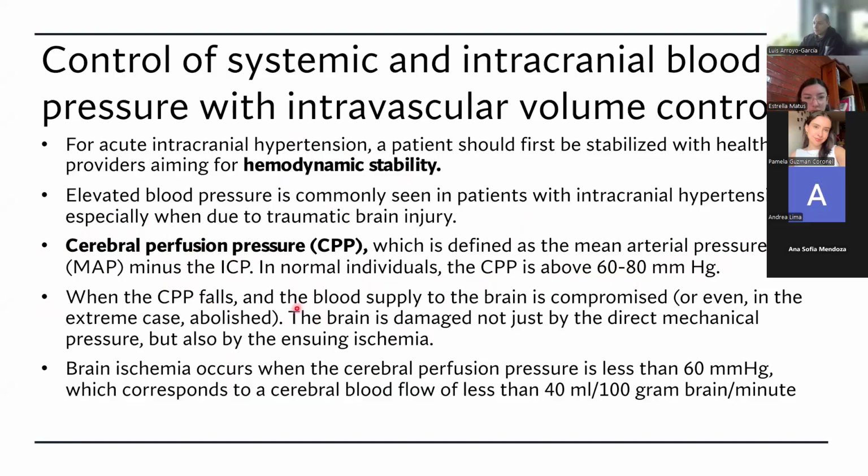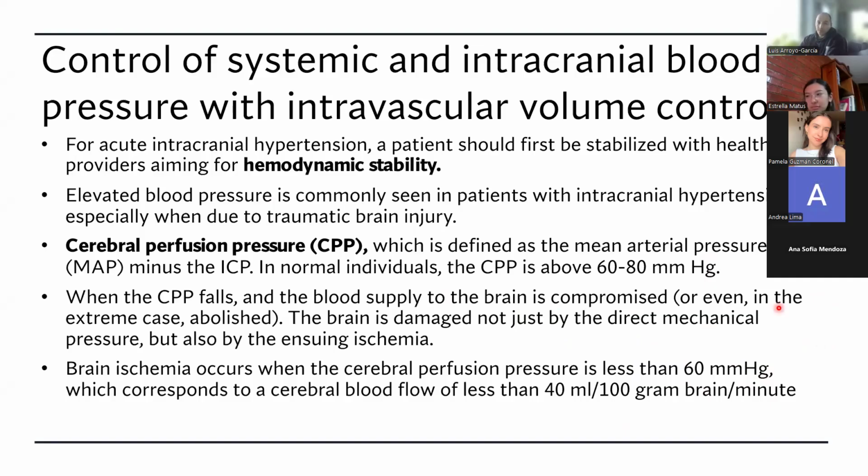And when this falls, the blood supply to the brain is compromised. The brain is damaged not only by the mechanical pressure, but also by not bringing enough oxygen and energy to the brain. And that happens when we have less than 60 millimeters of mercury.